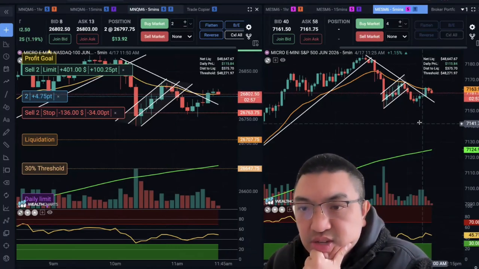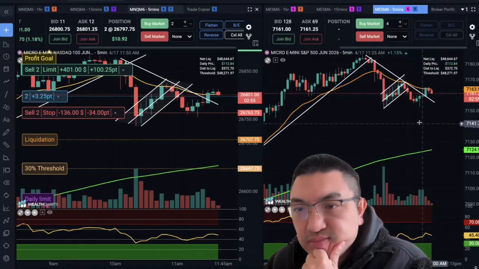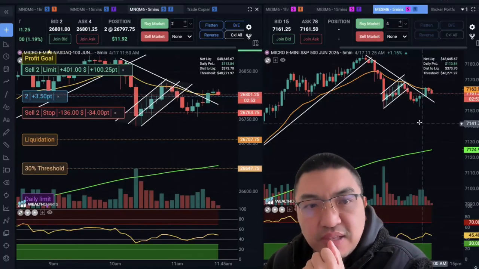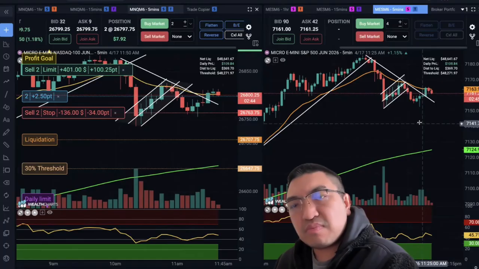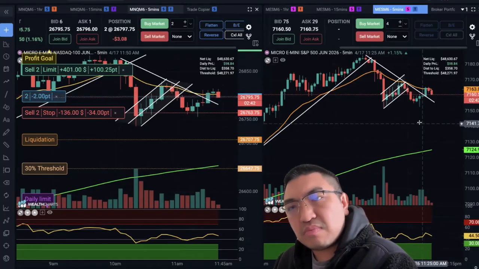ES. This looks intimidating. It creates a lower low. Oh, damn. Two minutes.